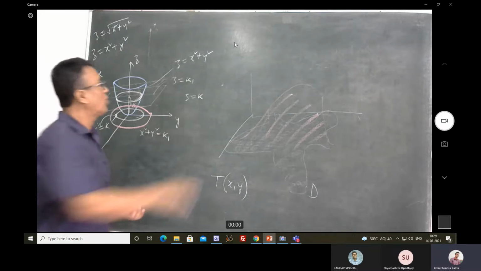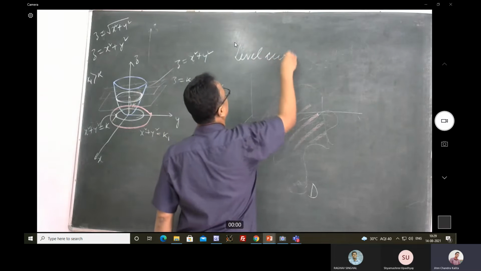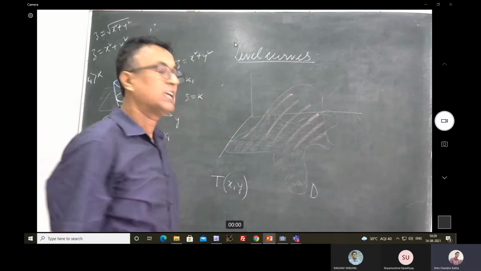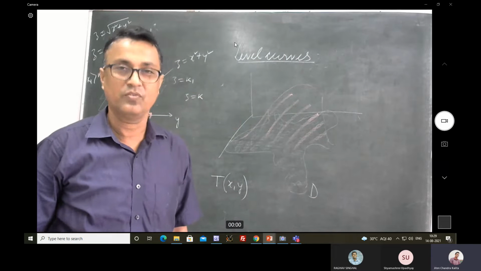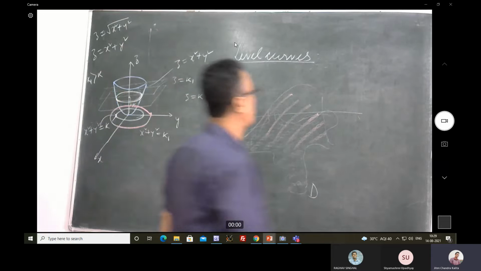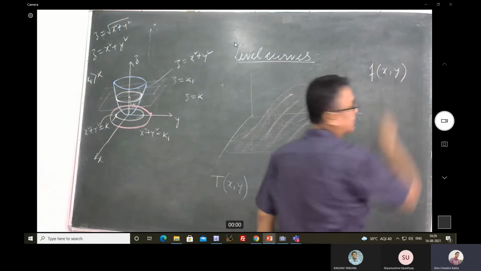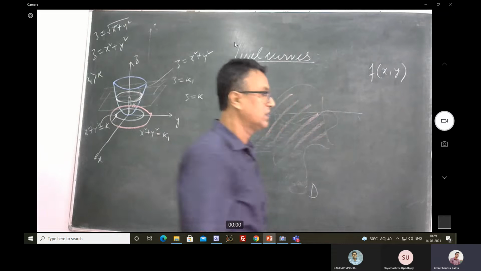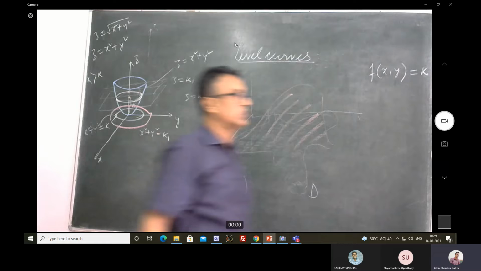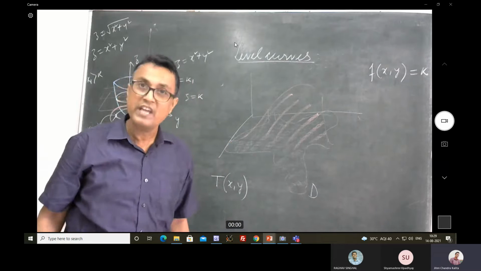So what are level curves? Level curves are nothing but curves in the xy plane which are obtained by considering a function f of x, y and considering the equation f of x comma y equal to k, where k is a constant.